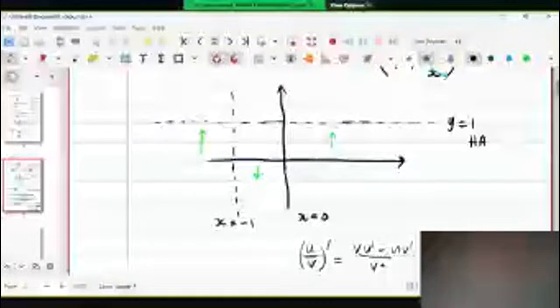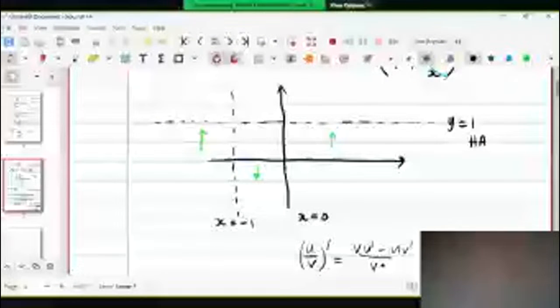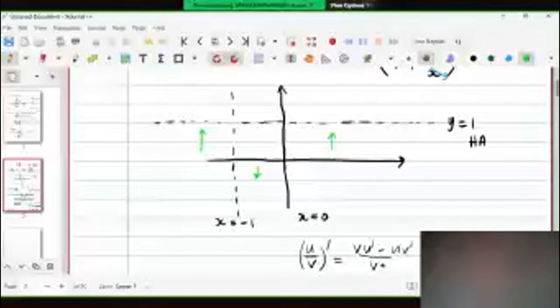So the graph actually, let me sketch the graph for you at this point. It will look something like this.